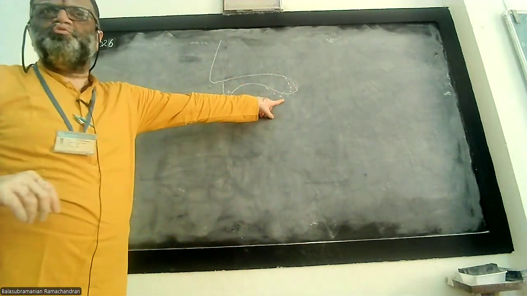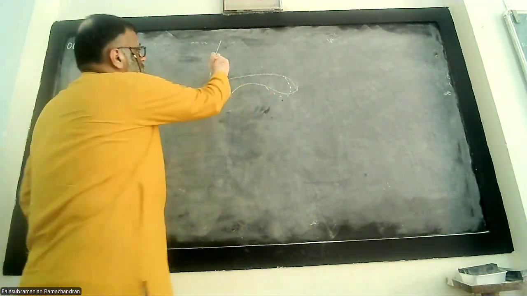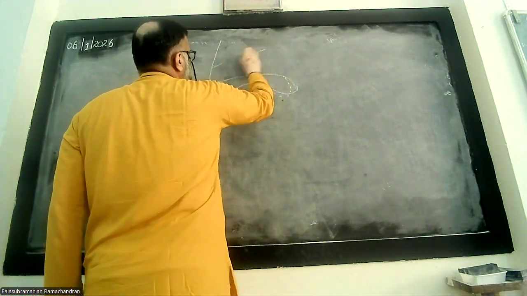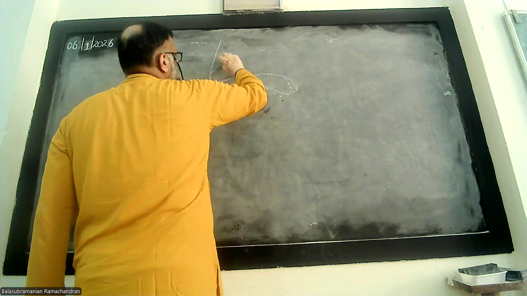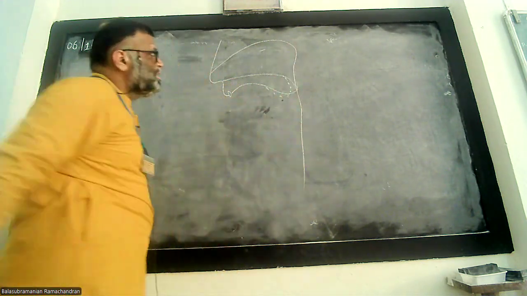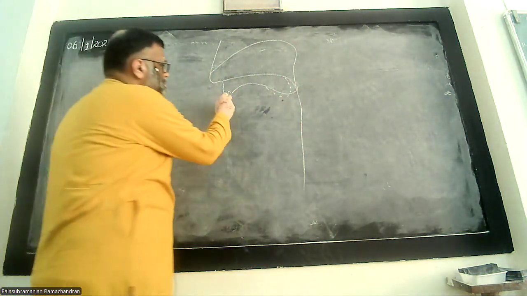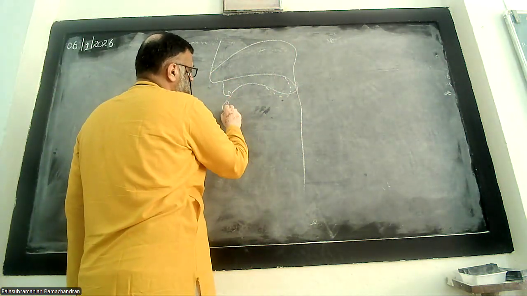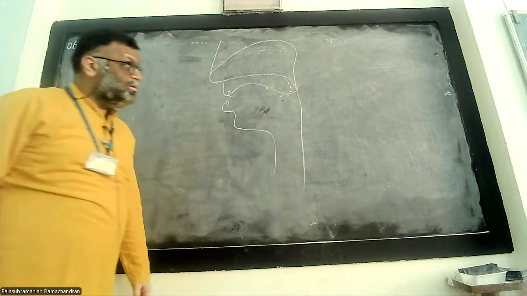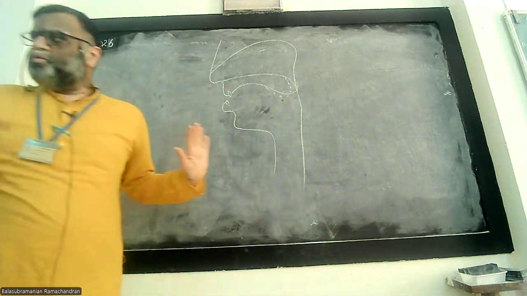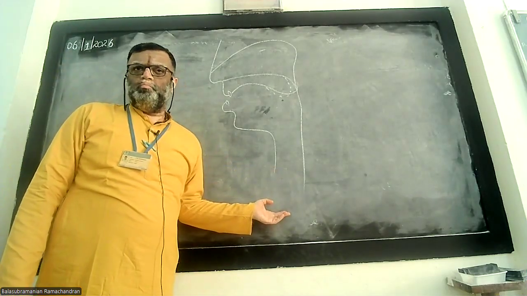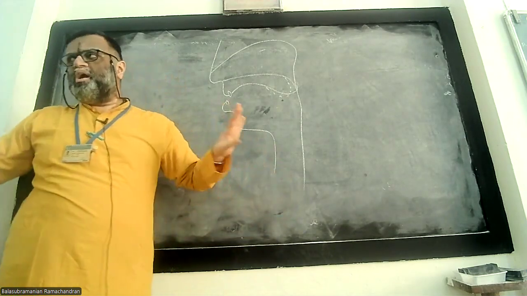This shows the action of the soft palate, the nasal cavity, lower lip, chin, and then we go down. That's it. This is the basic thing, okay? And I'm not showing the respiratory system because we are not worried about that as of now.